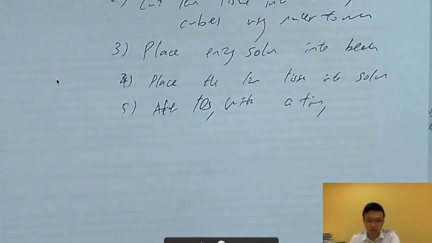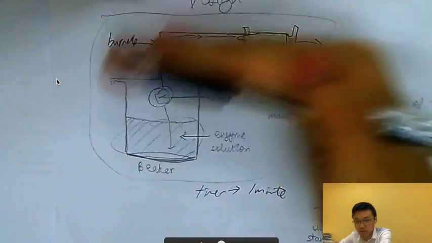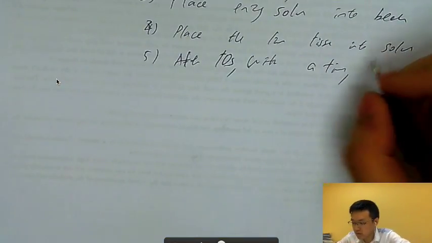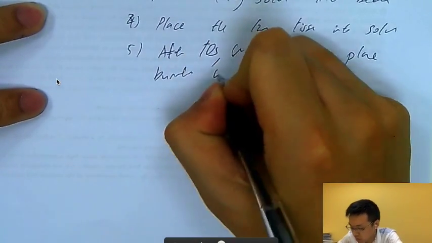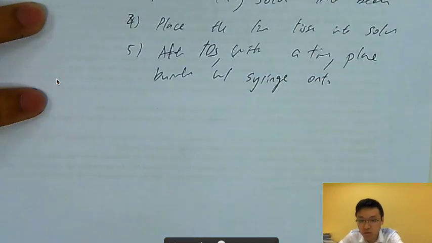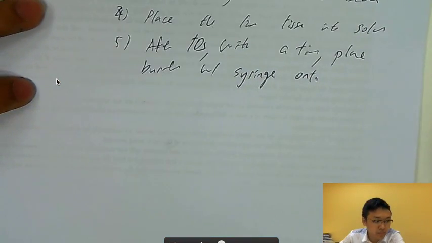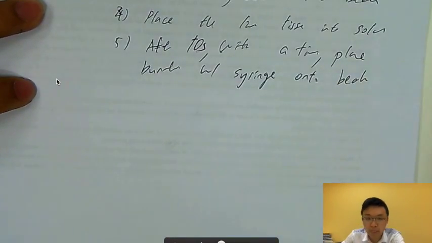You place the liver in the beaker, and then you put the burette on. So place the burette with the syringe onto the beaker. Okay, right?